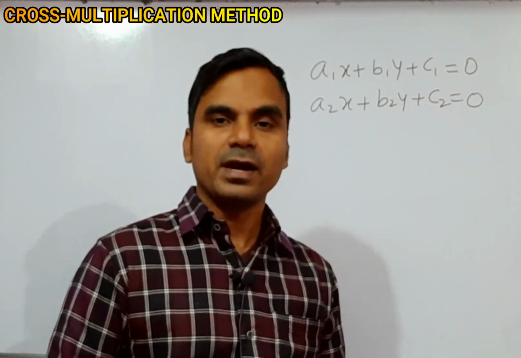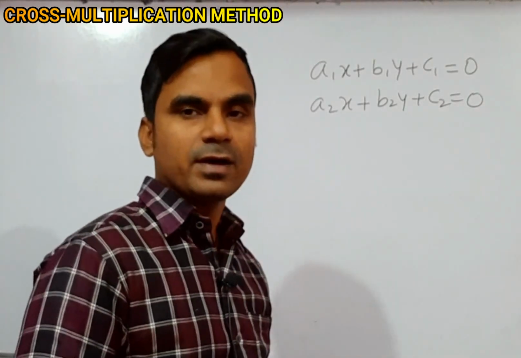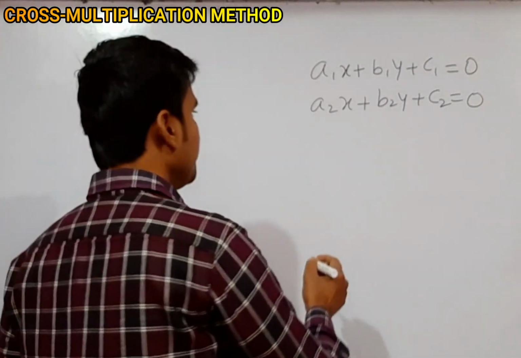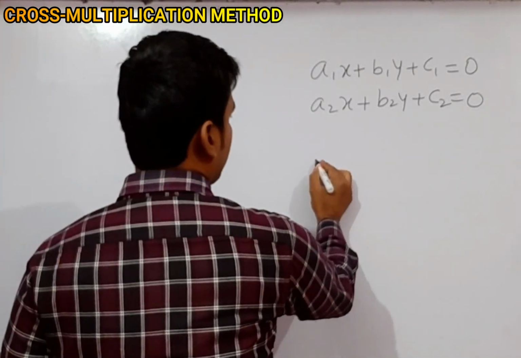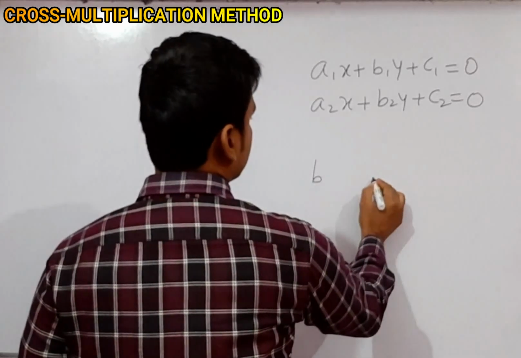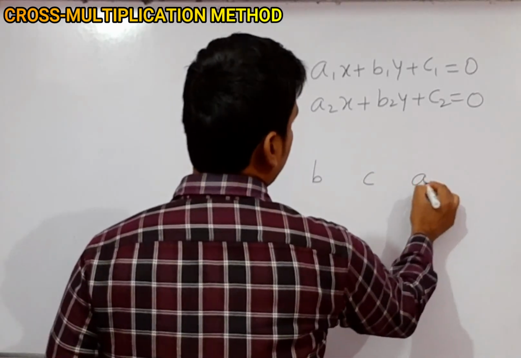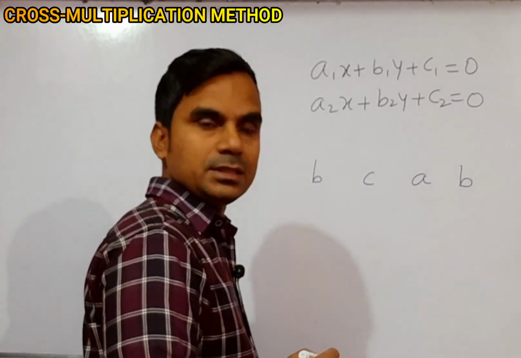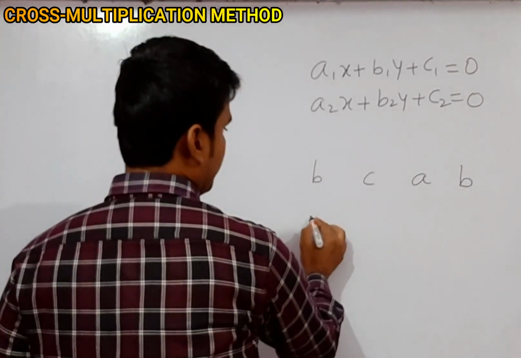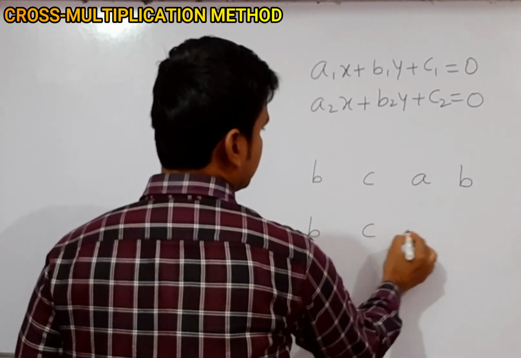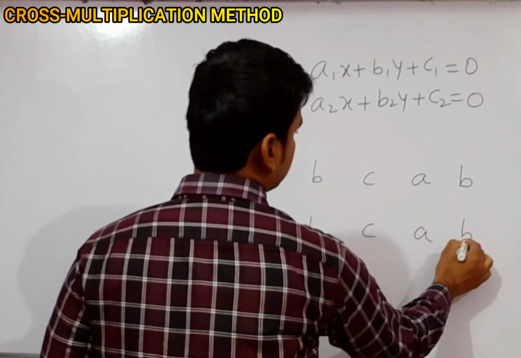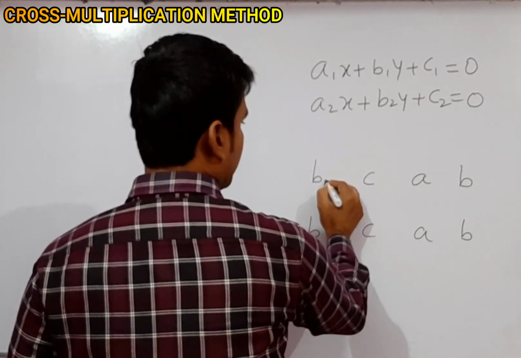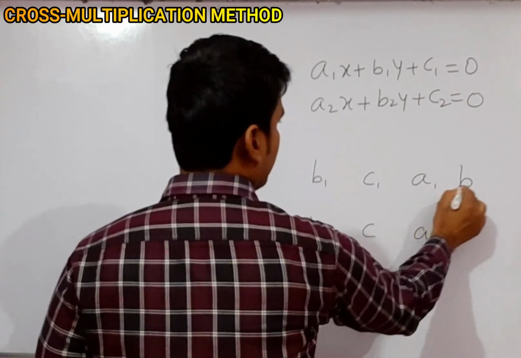Now for finding the values of variable x and y, what we do, that we write b c a b, again we write the same letters here, b c a b. Now in the first line we write 1 1 1 1.